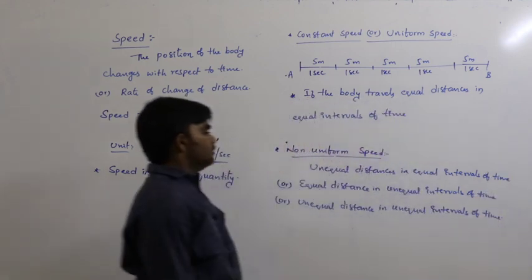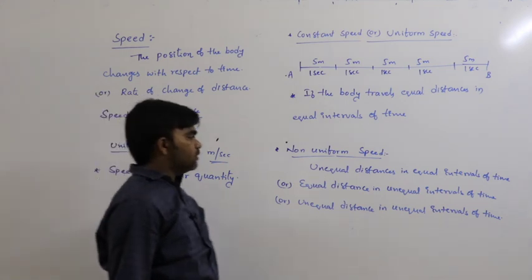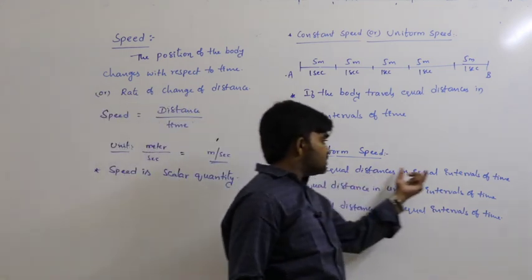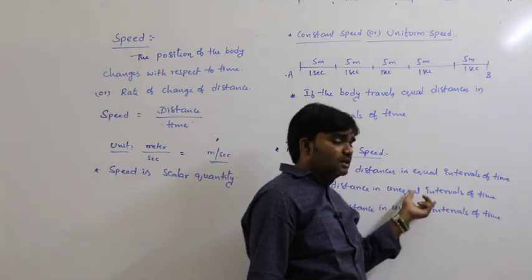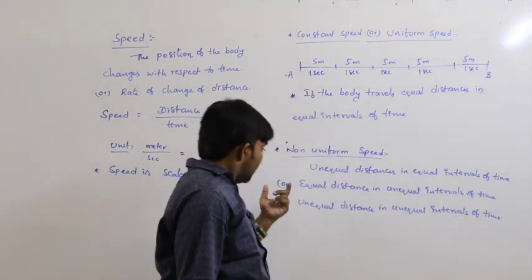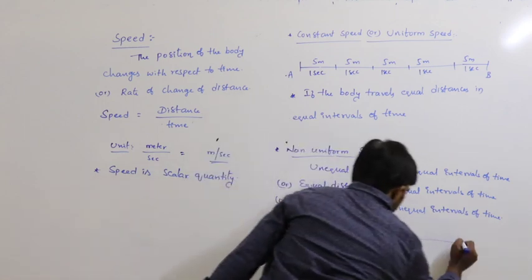Like this. So in these three situations, anyone is considered as non-uniform speed. Unequal distances in equal intervals of time, or equal distances in unequal intervals of time, or unequal distances in unequal intervals of time. Let us see the example here.